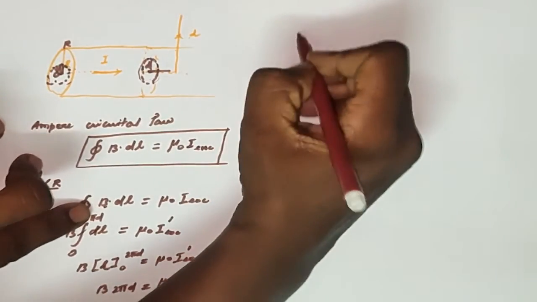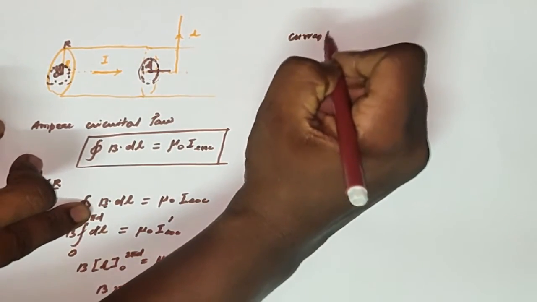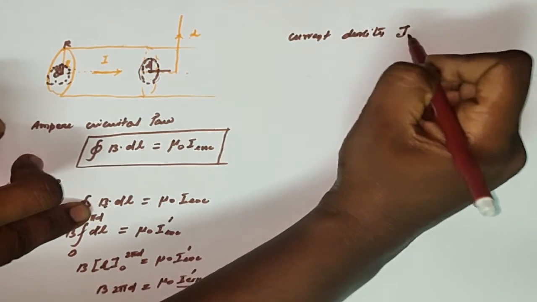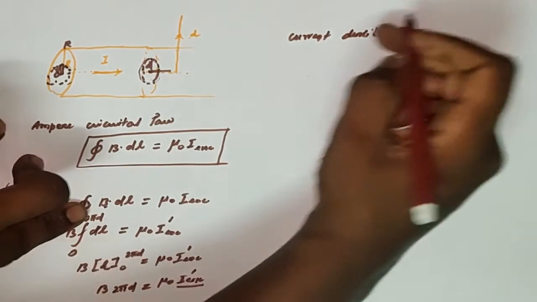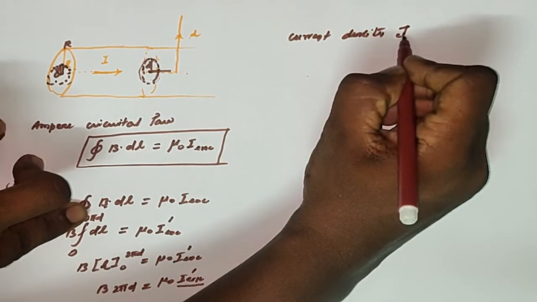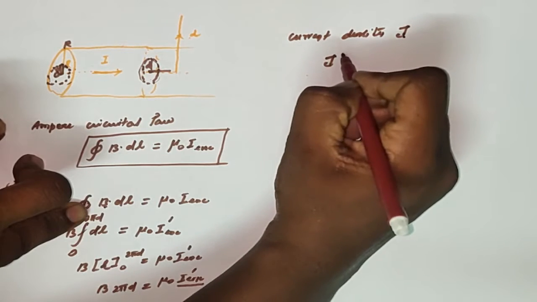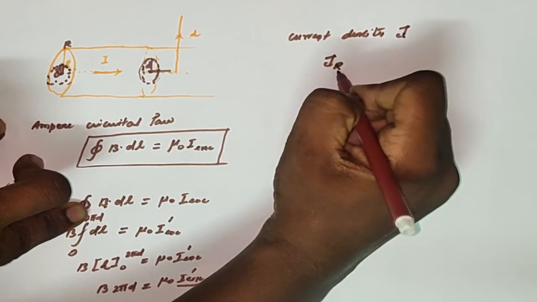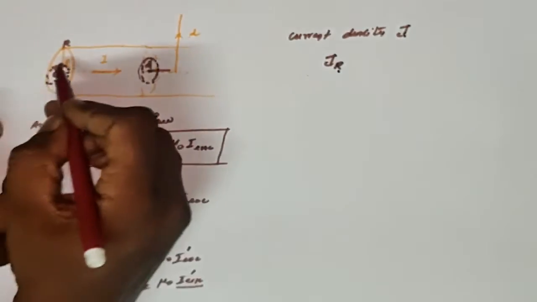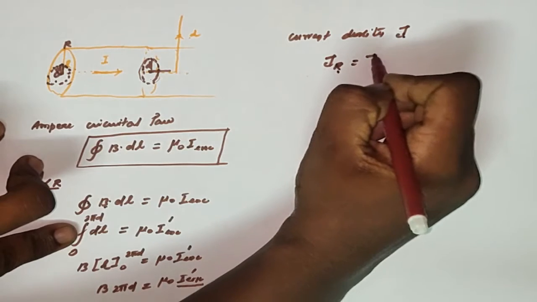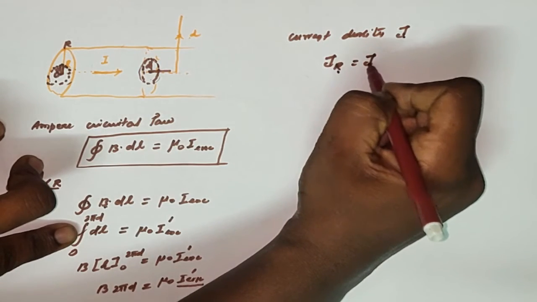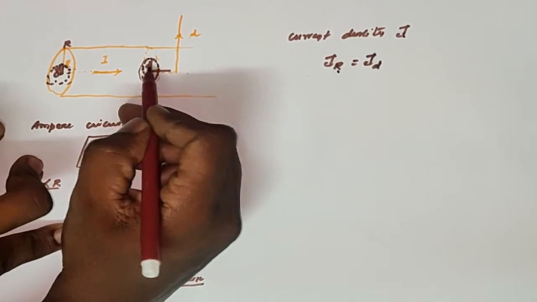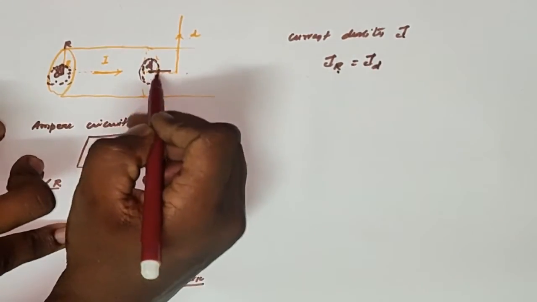We can call the current density J; in general we use the symbol J to represent the current density. This current density is constant, which means the current density of the bigger circle of radius R is equal to the current density within the small circle of radius d.